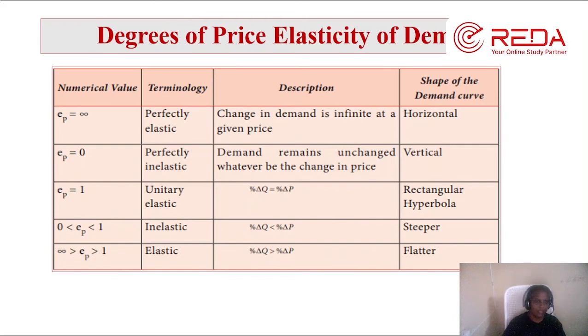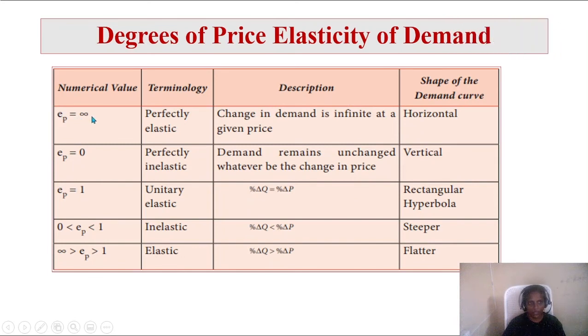The first column indicates the numerical value, then the terminology, description, and shape of the demand curve. If the price elasticity of demand is infinity, it indicates a perfectly elastic demand, where the demand is infinite at a given price, and the shape of the demand curve is a horizontal one.